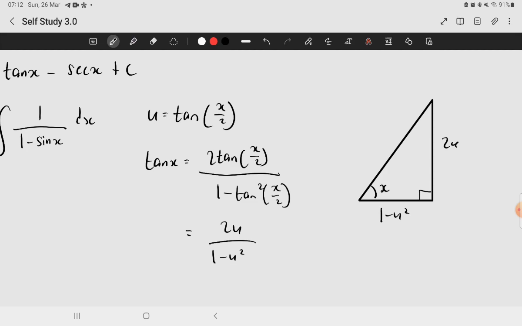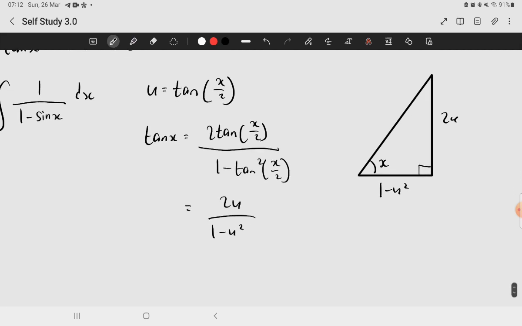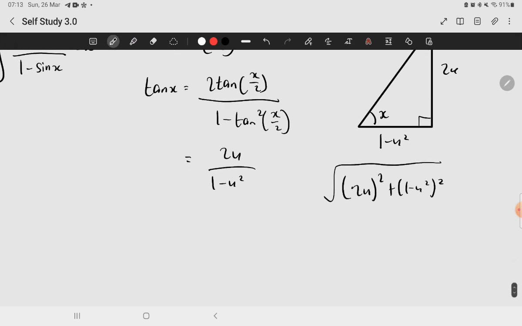Sorry, if I recall back, it would be u squared plus 1. When we find the hypotenuse, using the Pythagorean theorem, 2u squared plus 1 minus u squared, the square root, right? We evaluate this, and we will obtain the following, which is 2u square.